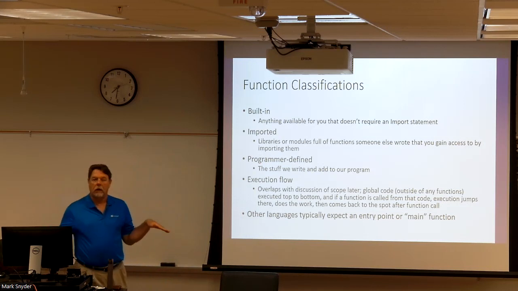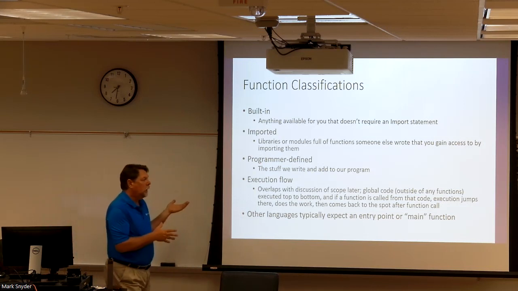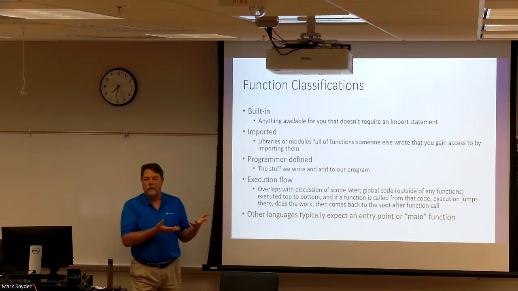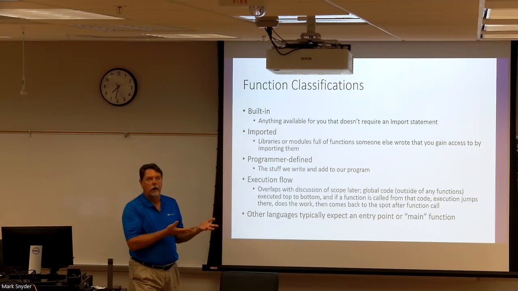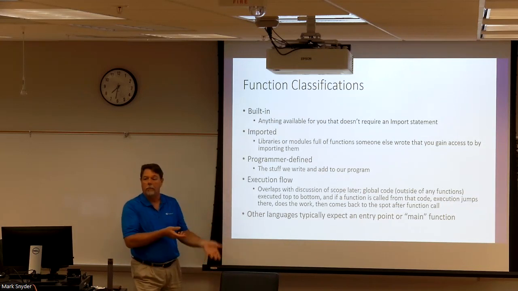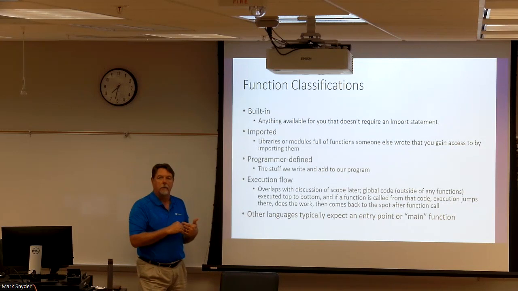But C#, for example, traditionally worked the same way. You had a main function that you would implement, and that would be the start of your program. However, recently they've created a new syntax where you can create a C# program with a bunch of code in the global scope, similar to what Python does, and it just gets executed. You don't have to do that main function.